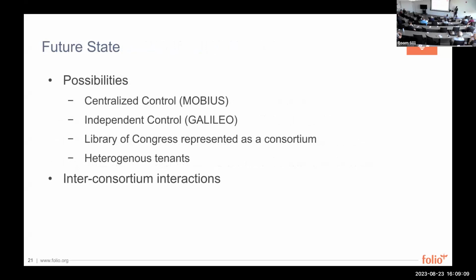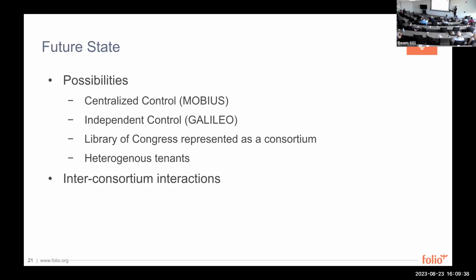Or you could still have independent control in the way of Galileo, where there are independent libraries that have their own resources, but they still want to share some stuff. So that is still possible. Library of Congress will be represented as a consortium. So rather than member libraries having their own tenants, think departments having their own tenants, possibly their own controls.